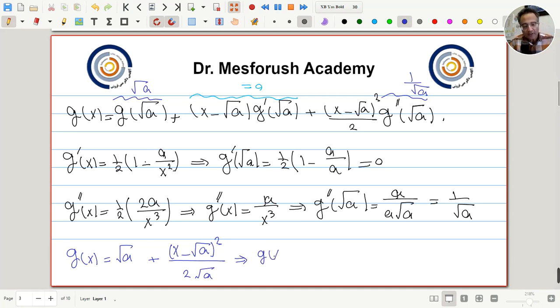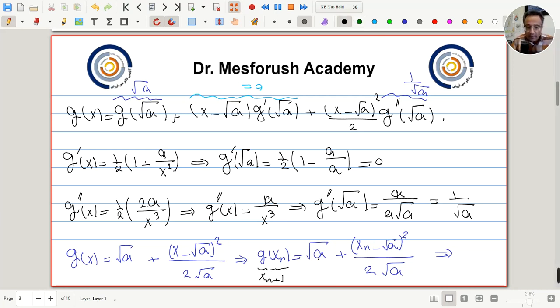So we get g of x_n equal to square root of a plus (x_n minus square root of a) squared over 2 square root of a. Consider this one as x_{n+1}, and bring square root of a to the right hand side.